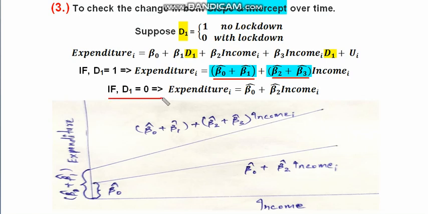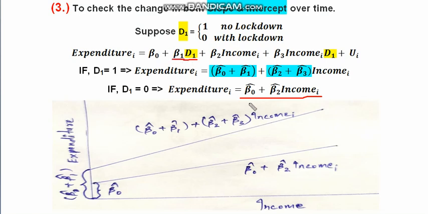Now suppose your d1 is equal to 0. Then the estimated value of the expenditure is beta naught cap plus beta 2 cap income. How is it coming? If d1 is equal to 0, then your beta 1 also will be 0, right?